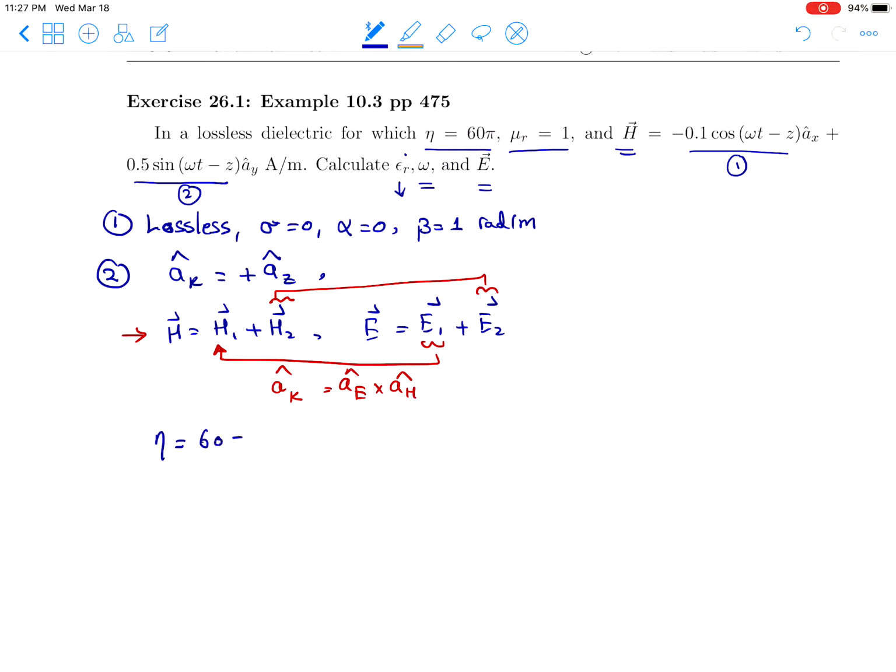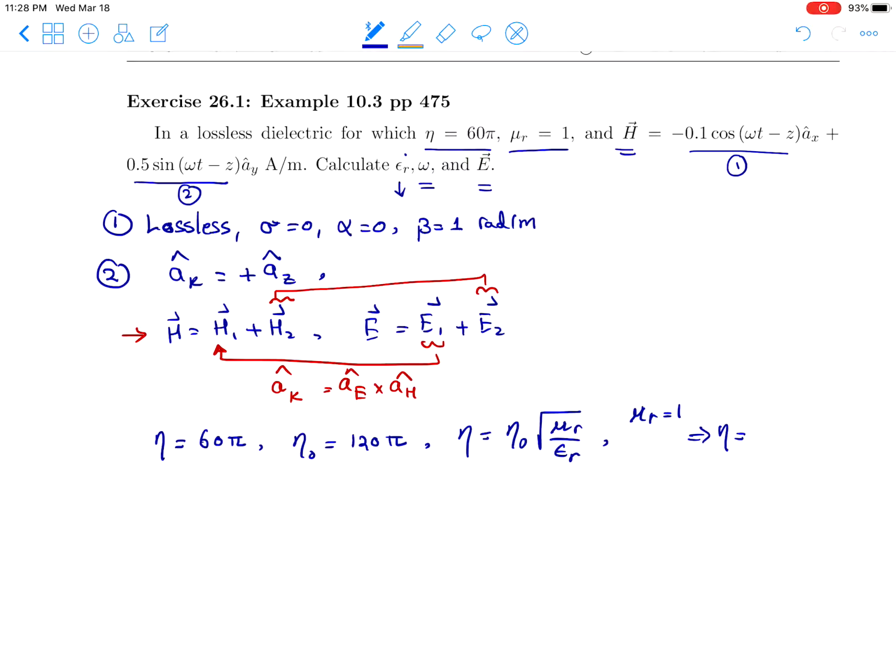So eta is 60 pi. Remember, eta of free space is 120 pi. And for a lossless medium, we have this relation. We're given that mu relative equals 1.